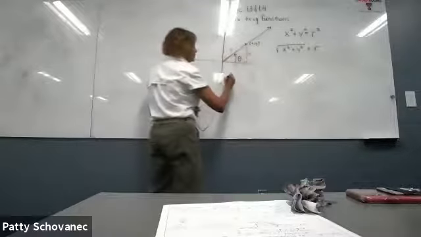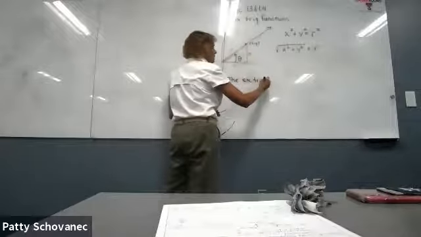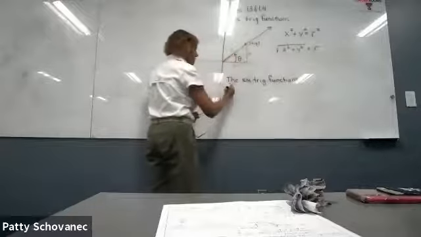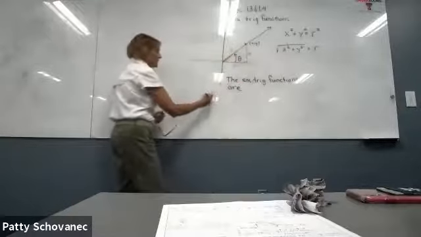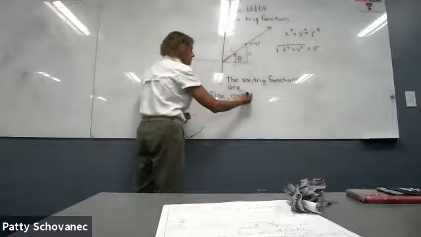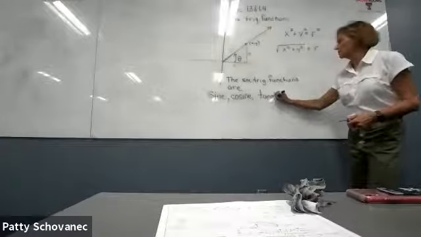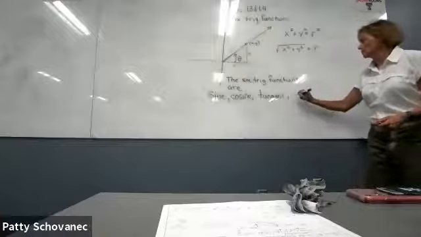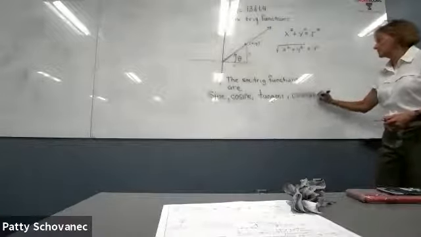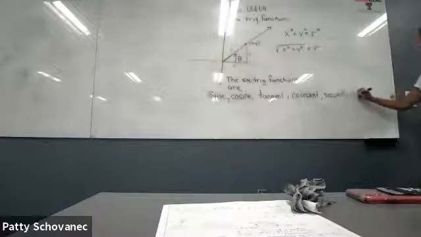So the 6 trig functions written out, we've got a sine, cosine, tangent, cosecant, secant, and cotangent.